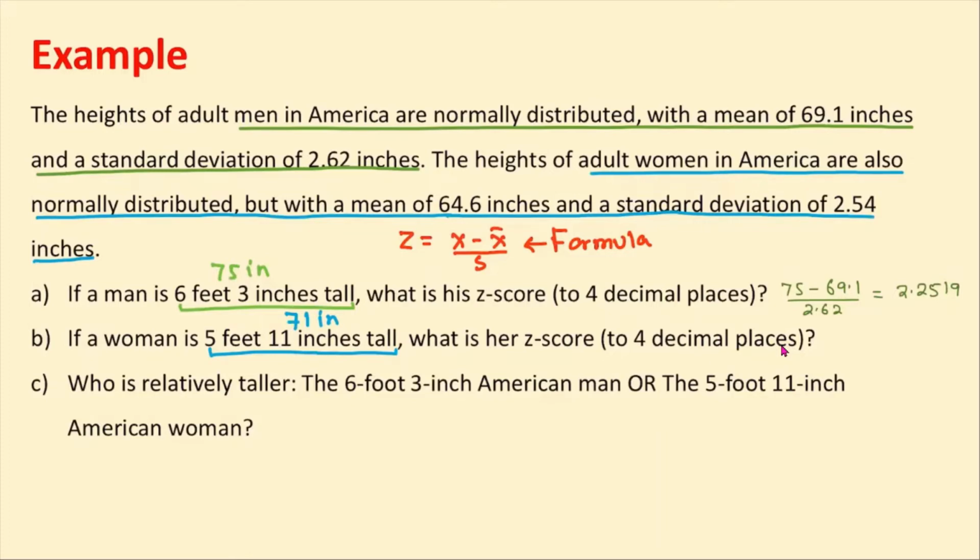So we plug into the same formula, but in place of x, we have 71. So it is 71 minus the mean, 64.6, over their standard deviation, 2.54. If we simplify this using a calculator, 71 minus 64.6, divide the result by 2.54, we get 2.5197.